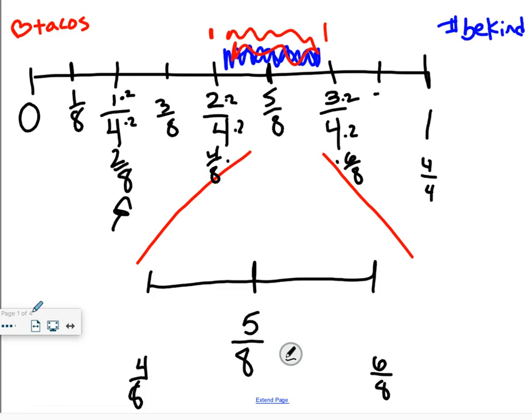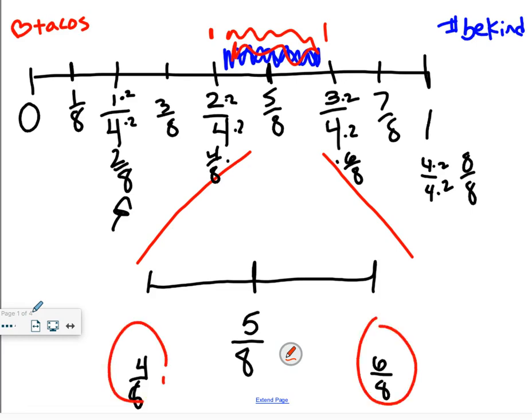Then 6/8. Then 7/8. Then 8/8, which is the whole. So the way that we found a fraction in between those fractions is we blew it up and we multiplied it by something. Basically, we turned our fourths into eighths, but kept them the same amount. We turned the 2/4 into 4/8, 6/8, and then we found what was in between them.